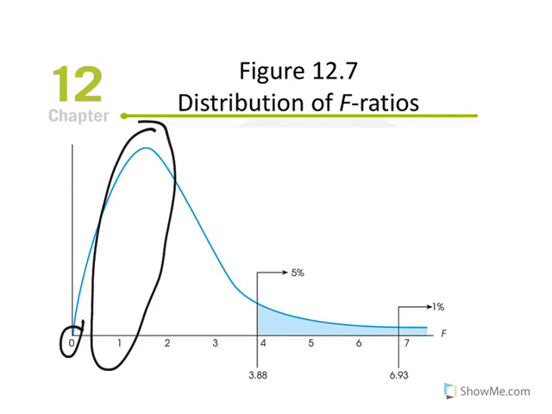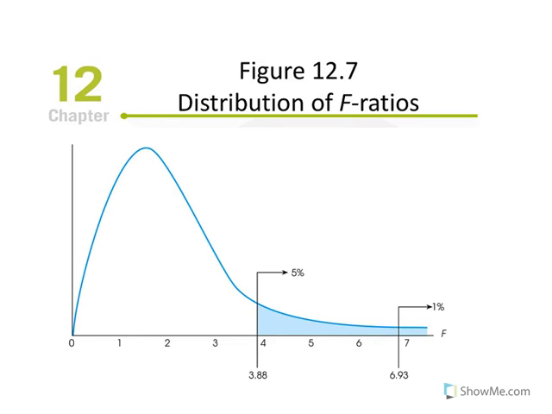With very large DF values, nearly all of the F ratios are clustered near 1.0. With smaller DF values, the F distribution is more spread out. As previously stated, for analysis of variance, we expect F to be somewhere near 1 if the null is true.